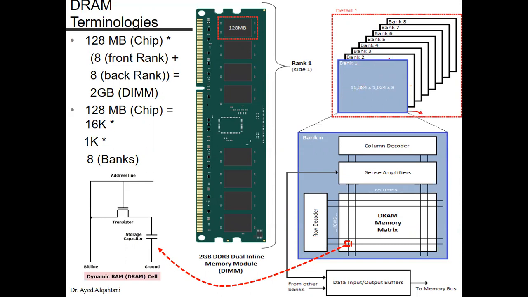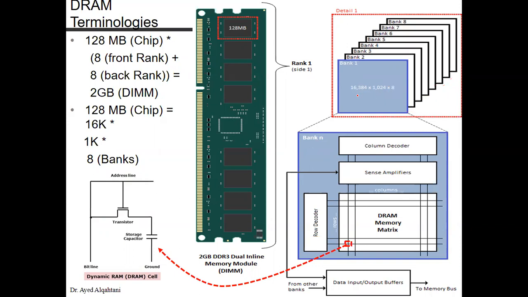So all of them together will be 16,000 times 1,000 times 8, which means the output is 8 bits, a single bit from each one of them, and this way you generate 8 bits, which means the output is a single byte.